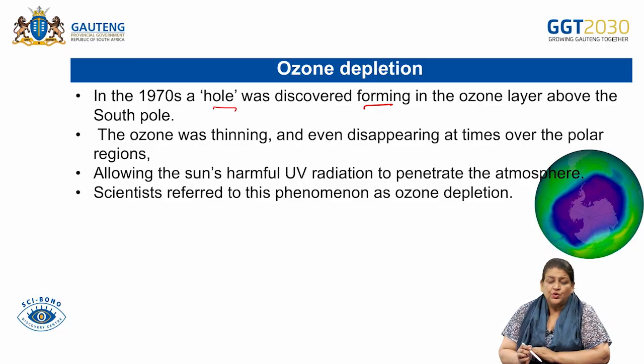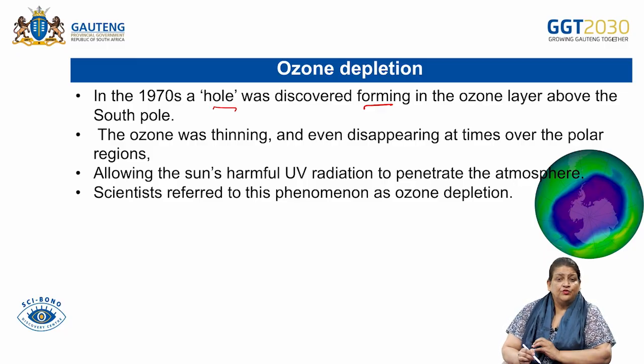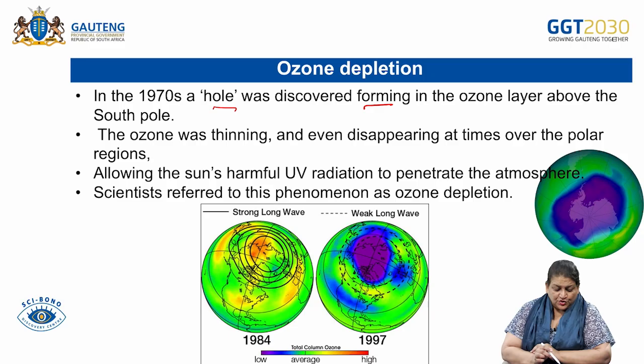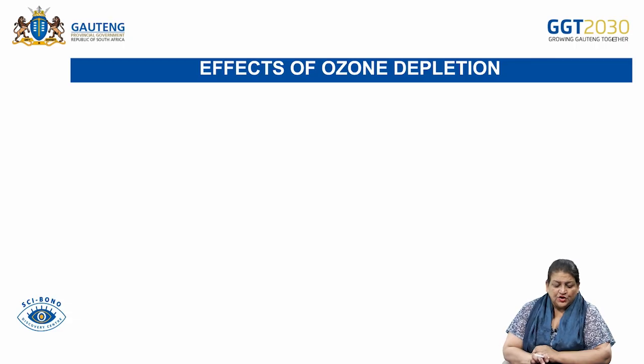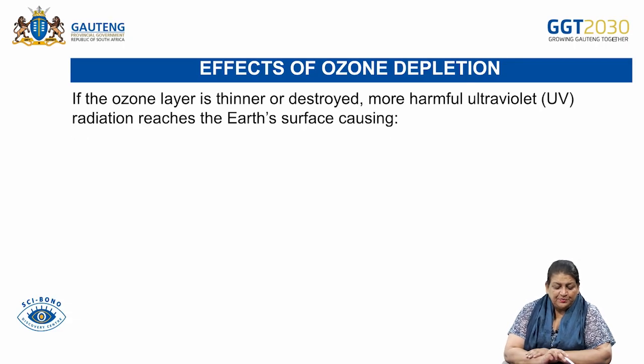What was destroying it was the chlorofluorocarbons and nitrous oxide and carbon dioxide and methane. Here is your South Pole, and here you can see the weakened area of your ozone layer. That allowed ultraviolet light to come through and cause a lot of cancer. So what is the effect of the ozone depletion?